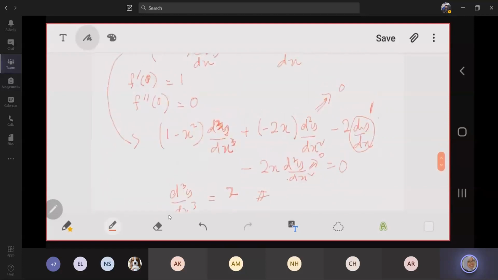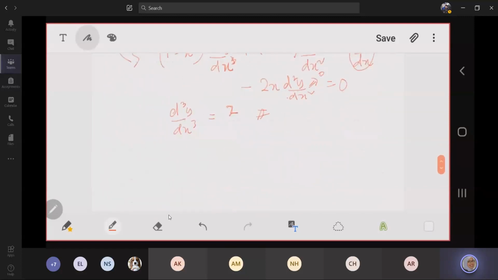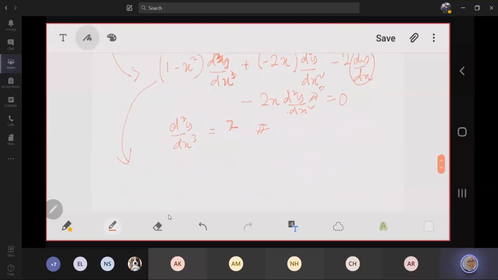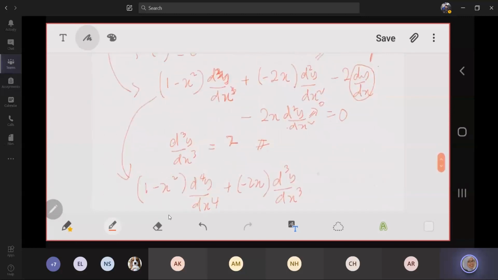So you differentiate another time. Differentiate this, you get (1 minus x squared) d to the power of 4 y by dx to the power of 4, plus minus 2x d cube y by dx cube, and then plus minus 2x d cube y by dx cube.